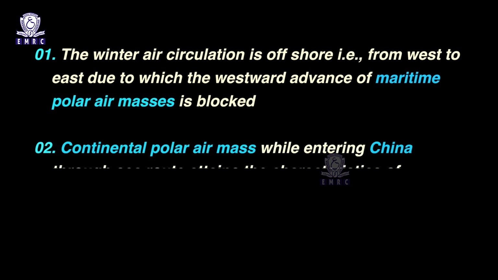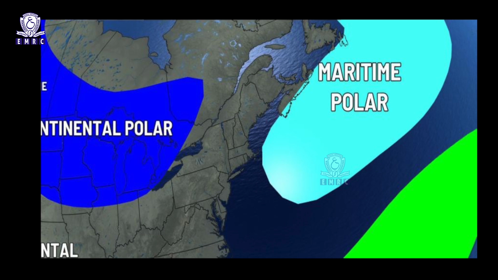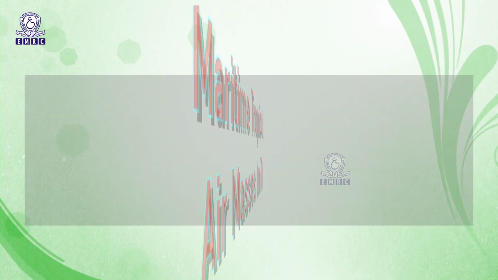The continental polar air mass, while entering China through the sea route, attains the characteristics of the maritime polar mass. These air masses also invade Japan in early summer and form fronts when they converge with overlying maritime tropical air masses and bring moist weather with overcast sky and light precipitation.